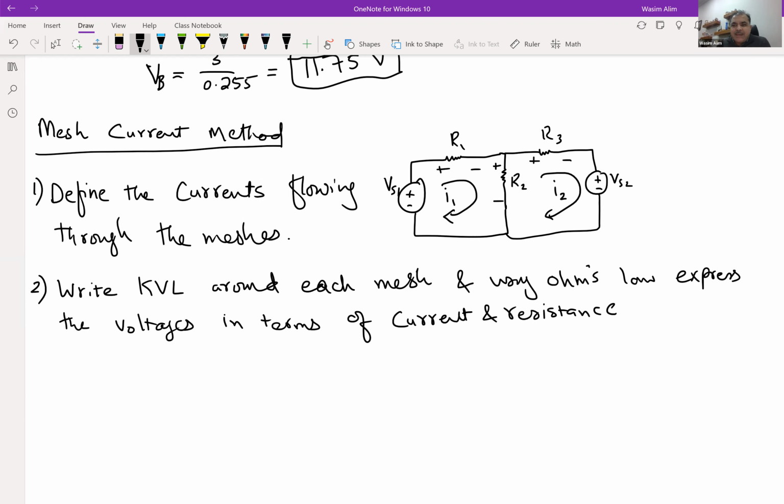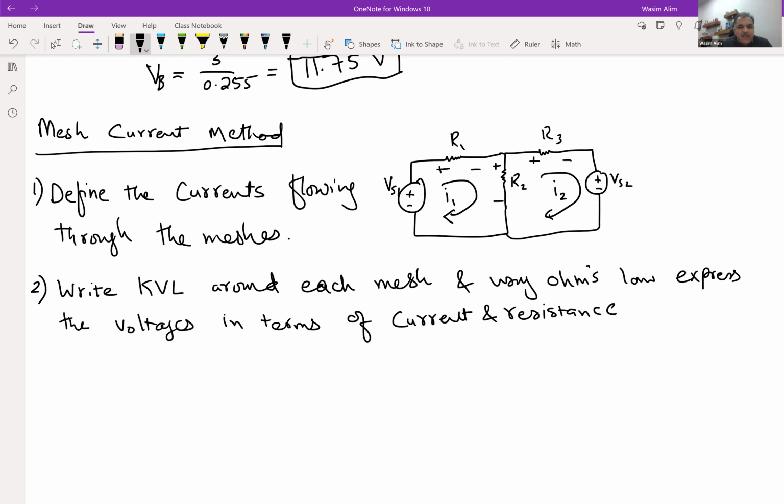Before we were using KCL at the nodes. Now we are applying KVL, which says the sum of all voltages across that mesh must be equal to 0. We apply KVL, and then each of those voltages is expressed in terms of current and resistance by applying Ohm's law. Just like we did previously, where we expressed the currents in terms of voltage and resistance, now we are expressing the voltages in terms of current and resistance. So you can see the similarities between the two techniques. That's the second step.